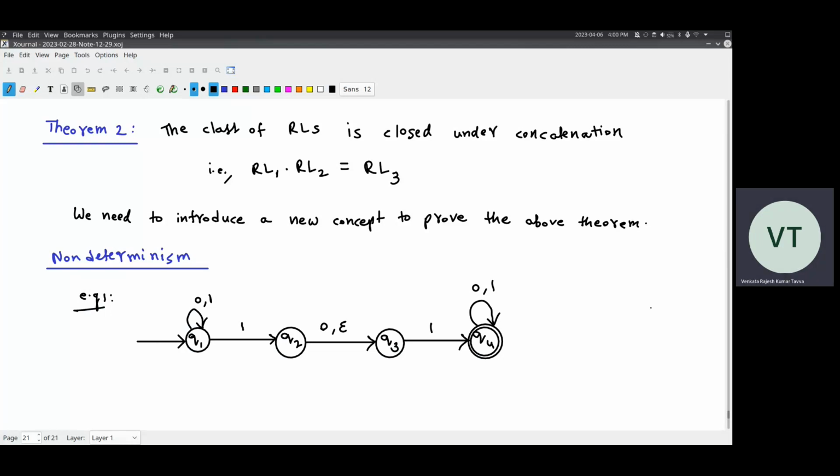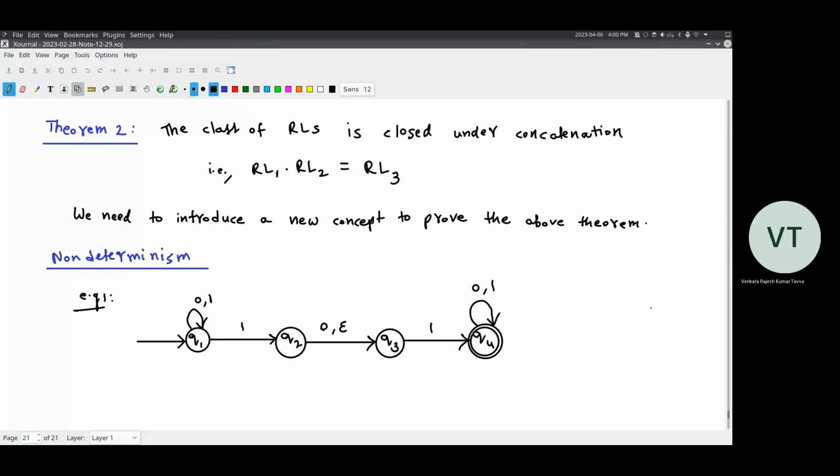Do you notice any differences between this and a deterministic finite automaton? Okay, there is epsilon. Yeah. Exactly.